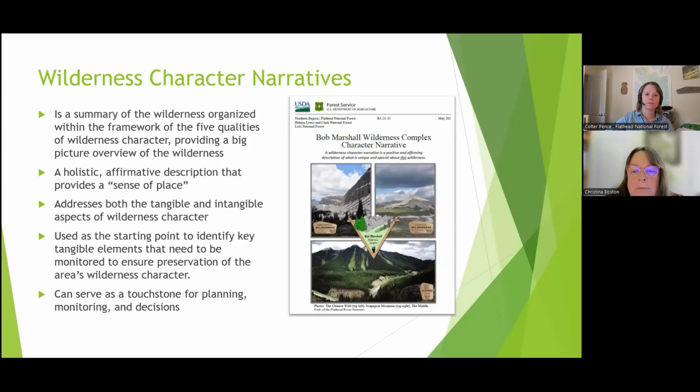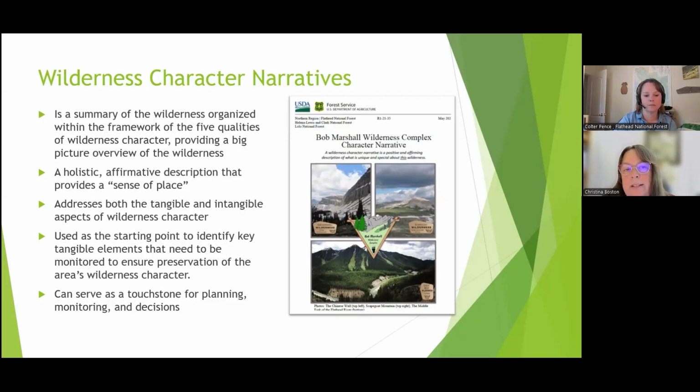Narratives were developed from discussions among local staff and specialists, the public, tribes, and others who may have local knowledge of your wilderness area, as well as informed by review of important legislative and administrative documents. It forms a foundational document for stewardship of the wilderness.